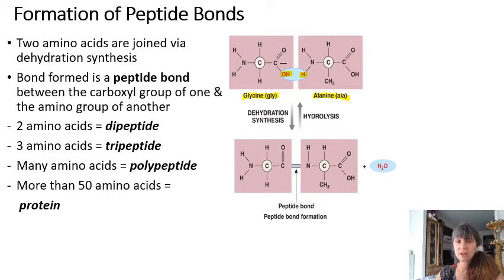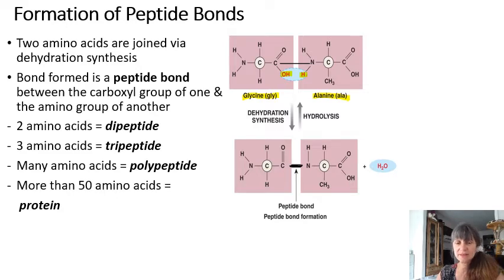I'm going to draw it up here. It's a single bond. I don't like the picture down below because that bond looks like a double bond, and it's not. It's a single bond. So this is a single bond between carbon and nitrogen that forms after dehydration synthesis. And again, the product is a dipeptide.